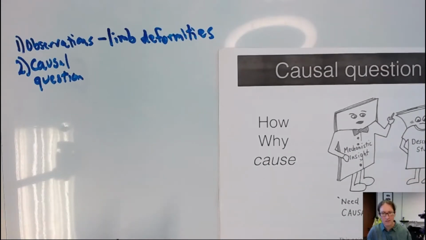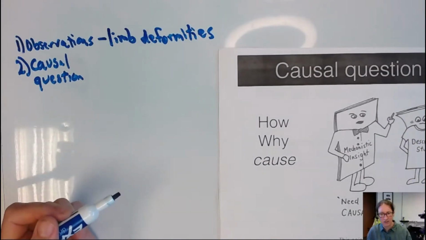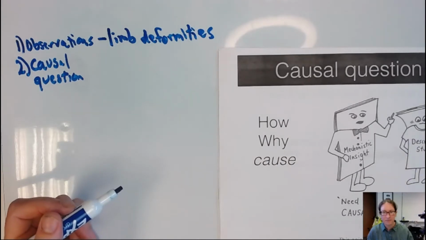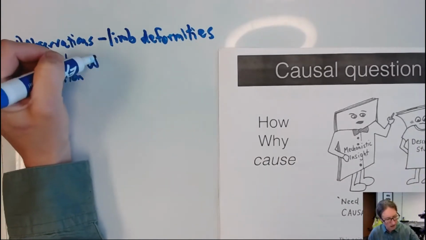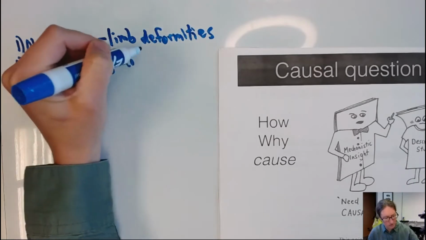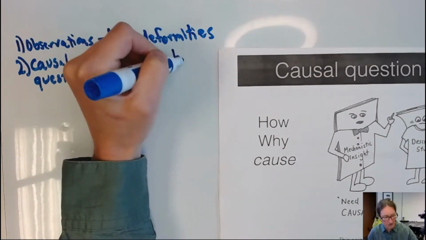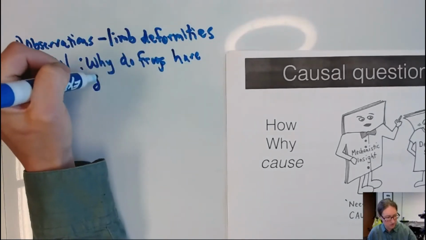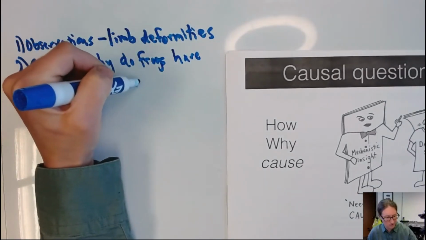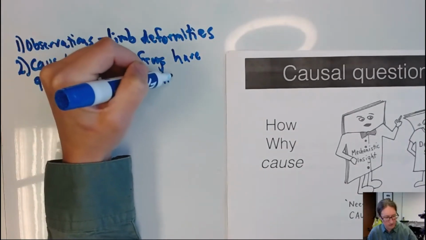Okay, and so now here's an example of a causal question that we can ask. So why do frogs have deformed limbs?